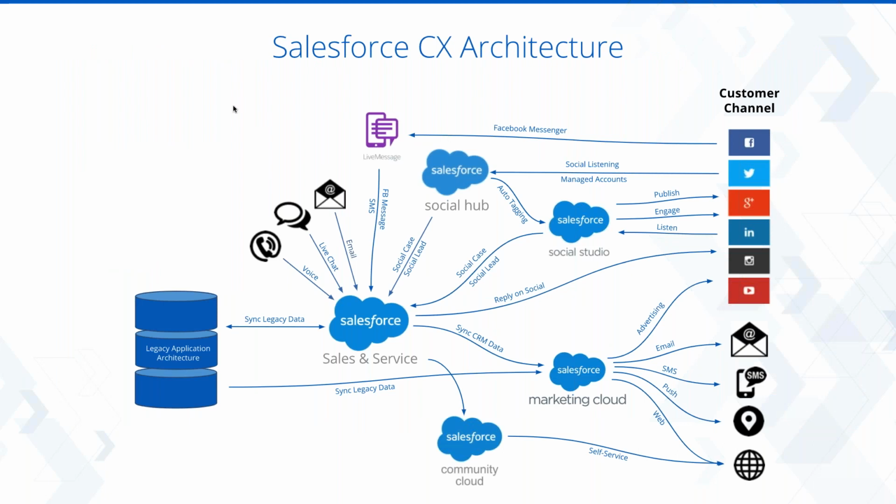Okay, so let's get into the nitty-gritty, the technology. While Salesforce is all one platform and it offers single sign-on and other benefits like that, there are separate applications that make up the different functions, because you don't necessarily want everyone to log into everything if it's not their job.